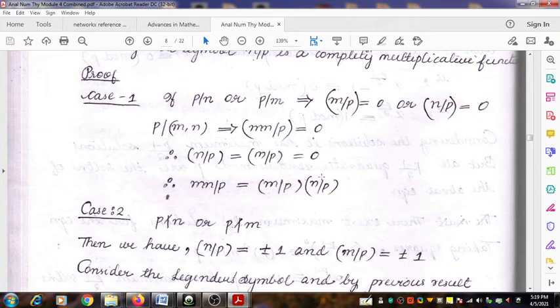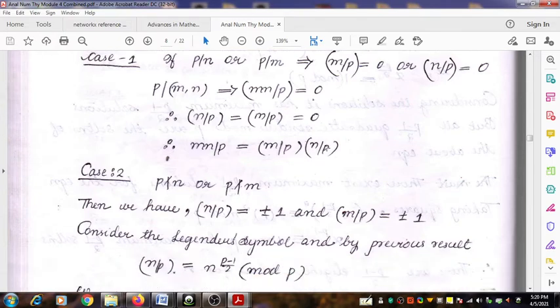That can then be replaced by the quantities (m/p) into (n/p). Thus we have the result correct in the first case.